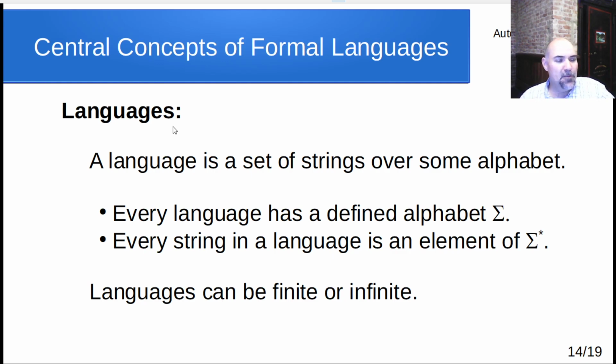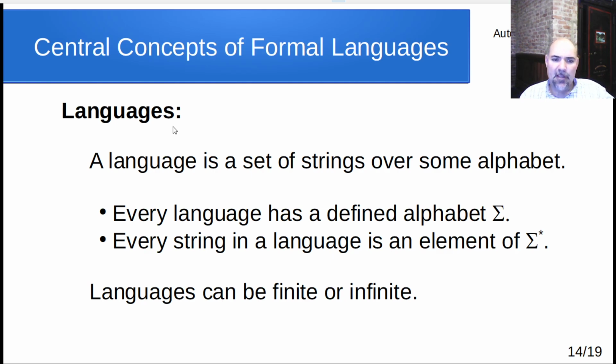You might be used to thinking of languages as being like English or Spanish or French or Mandarin. There's a whole bunch of spoken languages. Or you might be used to hearing it used in terms of programming languages like C++ or Java or Python or Ruby. But this is a formal language class, so it really doesn't mean any of that.